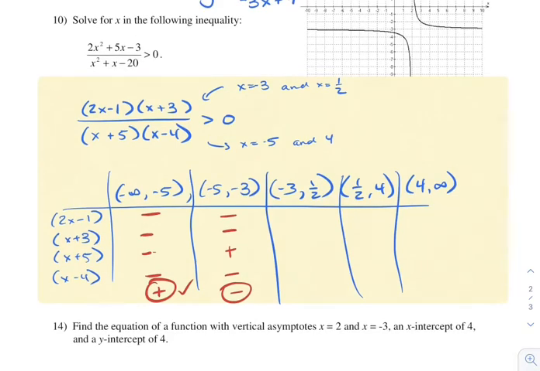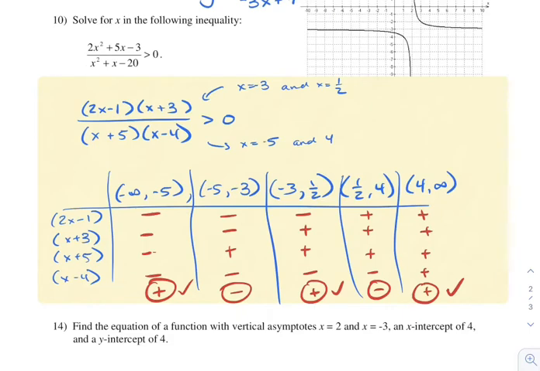A number like 0 is in the next group. This one's positive. That's part of my answer. Then we have a number like 1, for example. That results in a negative. That's not part of my answer. And finally, a very big positive gives me positives right across the board, which is positive.